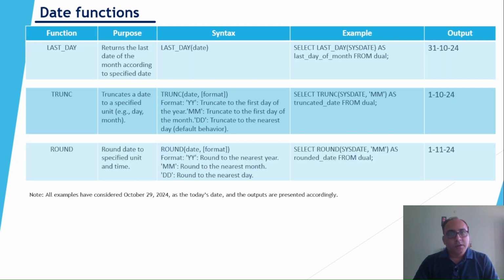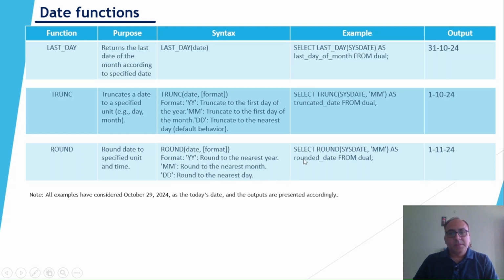Next we have ROUND. This basically rounds a date to a specified unit. The format is quite similar to what we discussed for TRUNC: ROUND(date, format). The format is the same: YY rounds to the nearest year, MM rounds to the nearest month, then we have DD, which rounds to the nearest day.